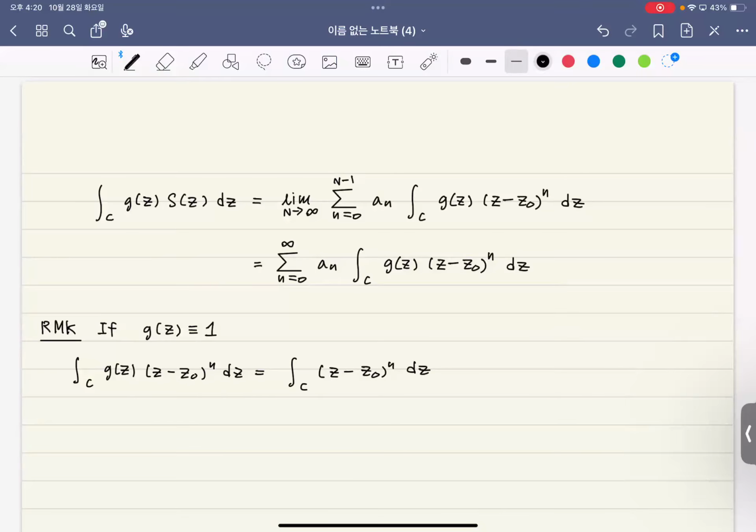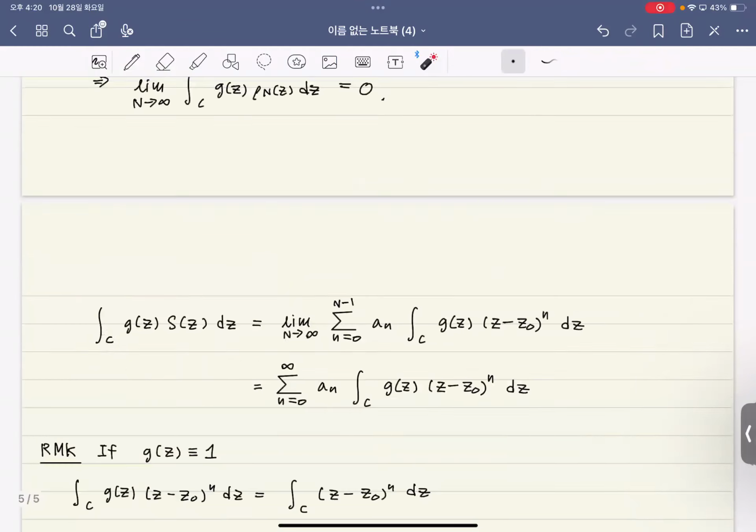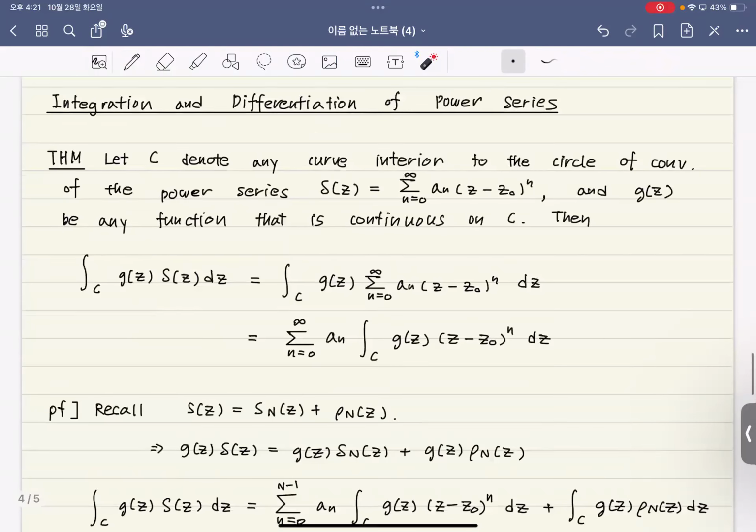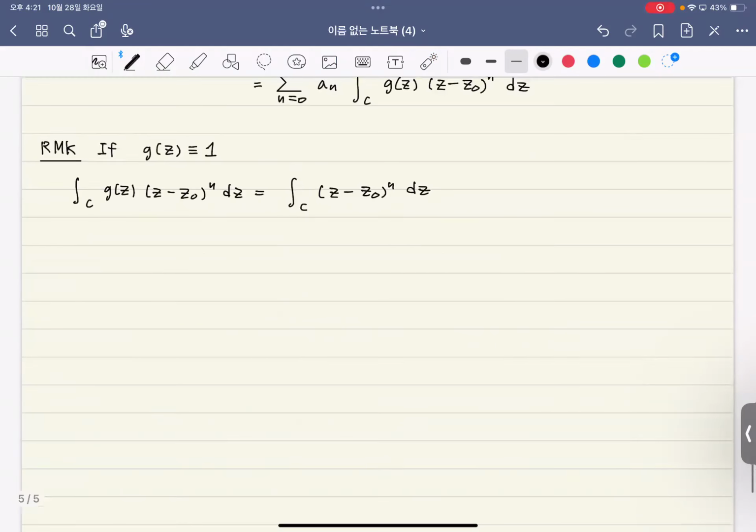And actually, I can do even more than that. Let me go back to the theorem. I chose C to be just any curve in the circle of convergence. What if I choose C to be not just a curve, but a closed curve? Then this makes things more interesting.